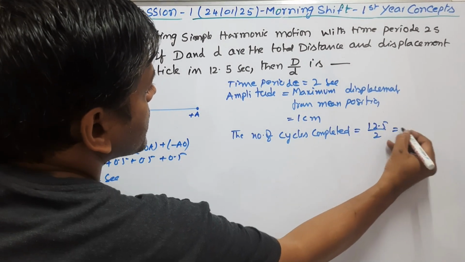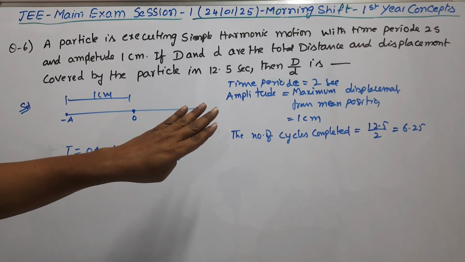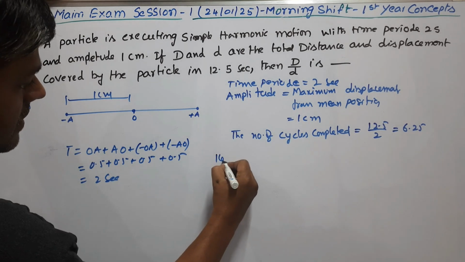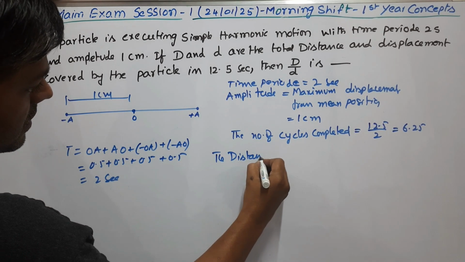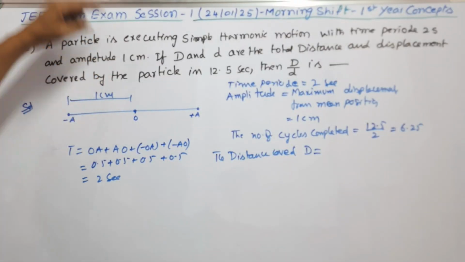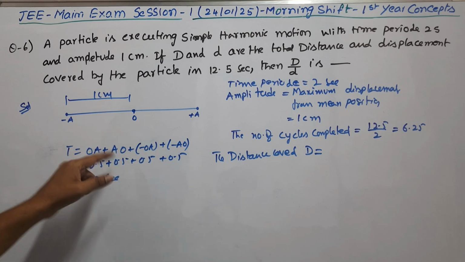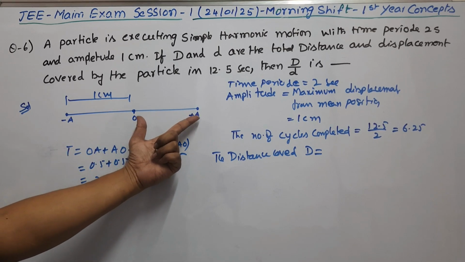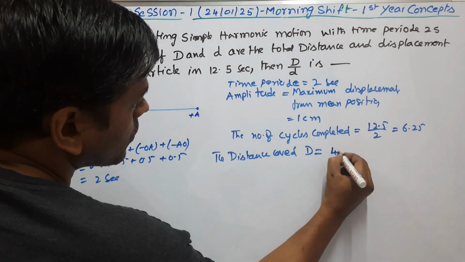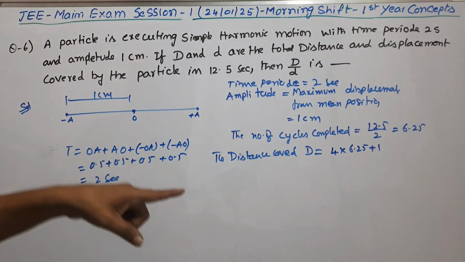So the number of cycles completed in this given time is 12.5 by 2, what is that? 6.25. That means 6.25 cycles are completed. For every cycle, the distance covered is 4 amplitudes: O to A, A to O, O to minus A, and minus A to O. So capital D is 4 into 6.25, which is 25.